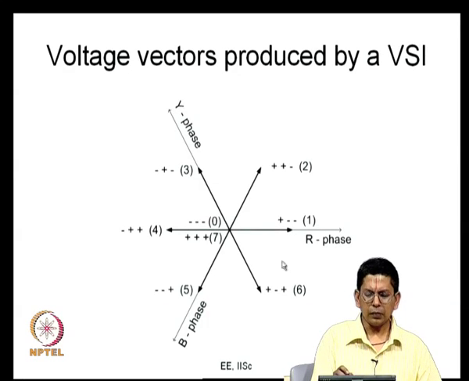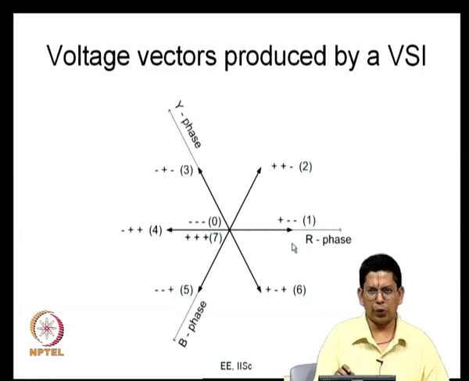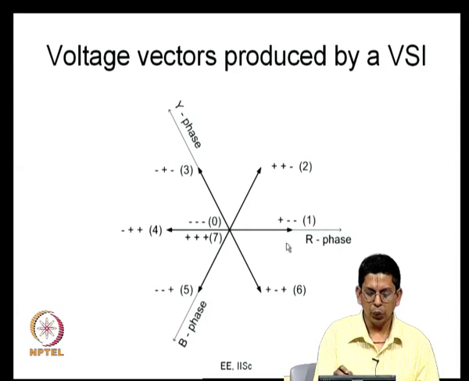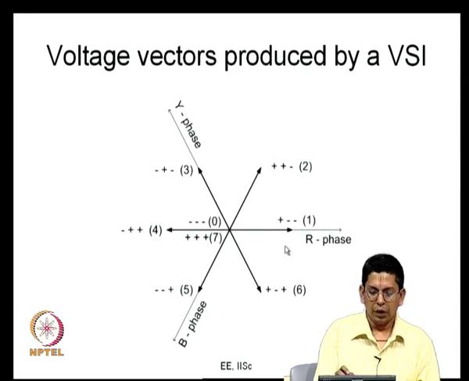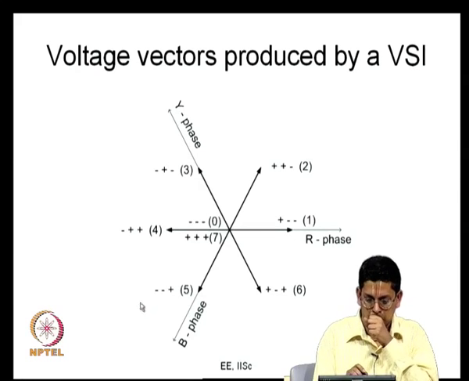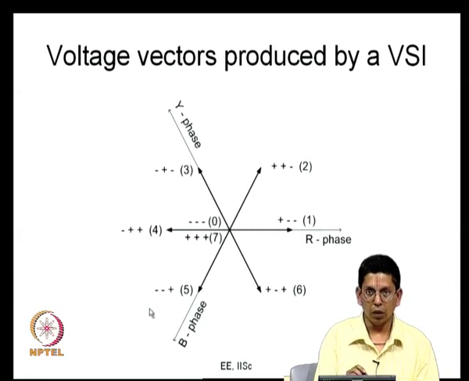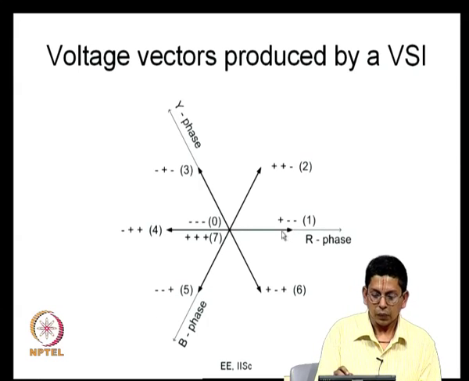Now, if this is your VRO, VYO, VBO, then you invert, you say plus minus minus, you go to minus plus plus. So, instead of plus minus minus, you have minus plus plus, where all the three are inverted.